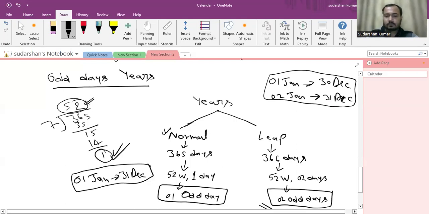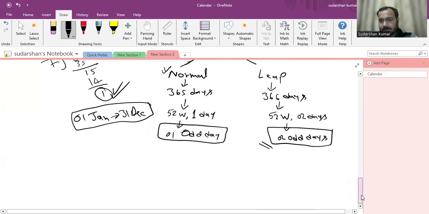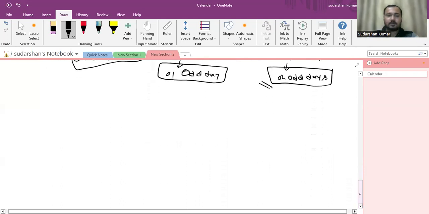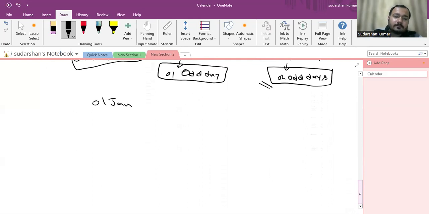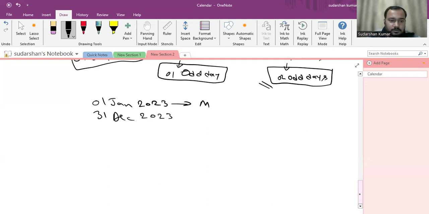Okay. Now we will stay on this process and analyze something extra. If 1 January 2023 was Monday, then 31 December 2023, the last day of this normal year, is the same, also Monday.